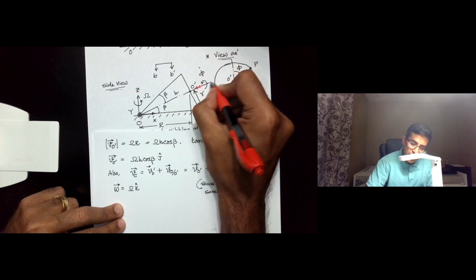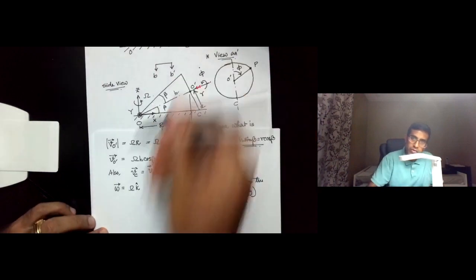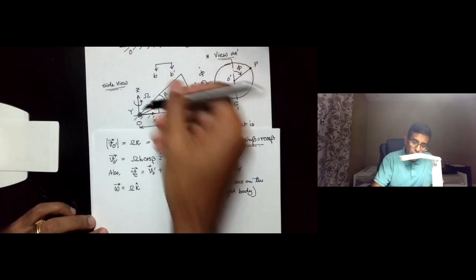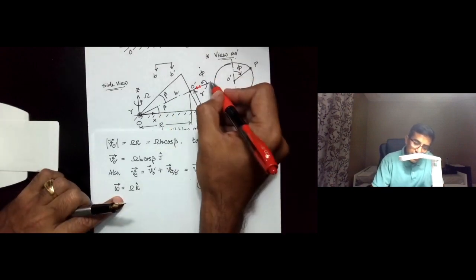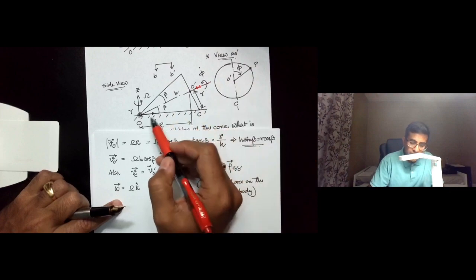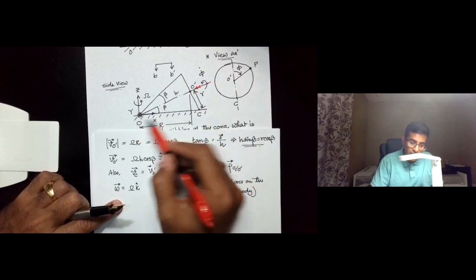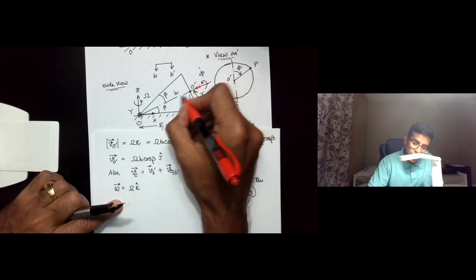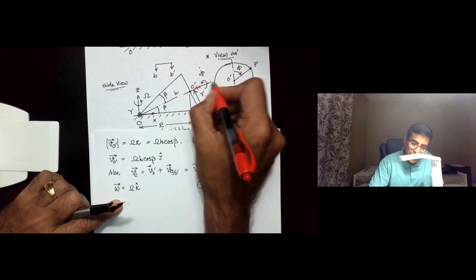I'm just using two arrows to indicate the angular velocity vector, and it's always directed from O prime to O. Now, this vector going from O prime to O, we need to express in terms of the triad that we have considered, which is I, J and K along X, Y and Z.